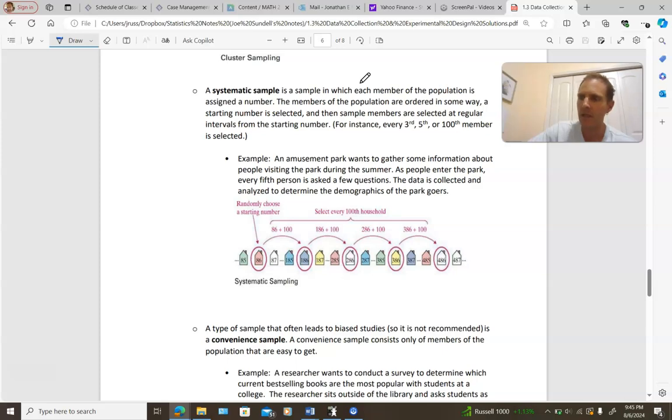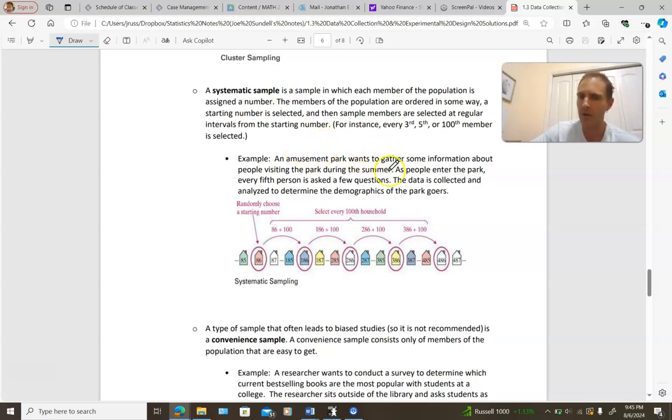That would be tremendously costly. Okay, so what they do is they pick maybe every 100th product that comes off the assembly line, or every 50th, or every whatever. So whenever you hear the word every, you're going to think about systematic sampling.